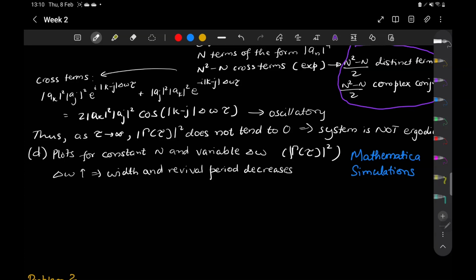Okay, so I hope the screen is visible. Okay, so let us just see the plots.